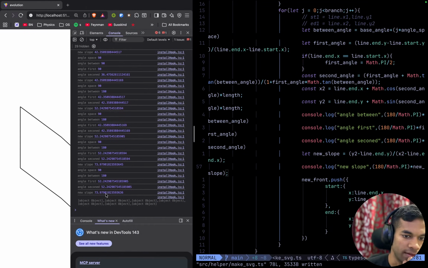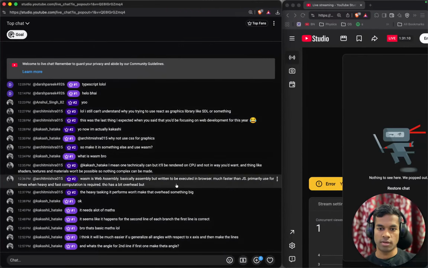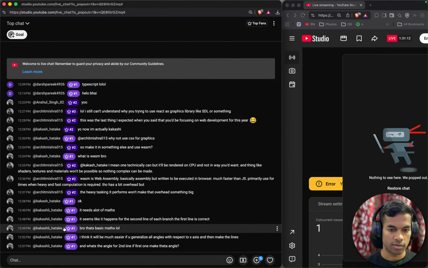Yeah, it is different. The slope is different. It is not correct. This is some problem with the precision.